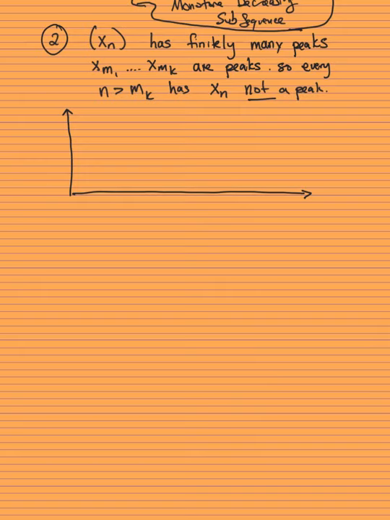So now let's go there. Let's just say x sub t1, I want to change my number again, is my first term, with t1 greater than m sub k. I just want to choose something large enough out here so that this is not a peak. Well, what does it mean to not be a peak?